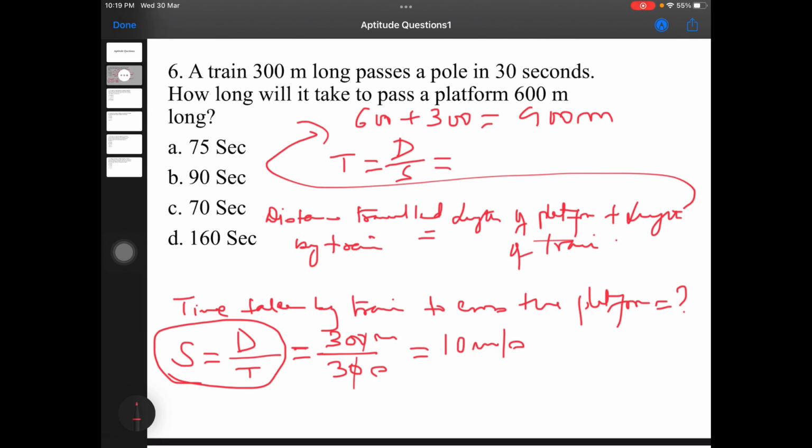The distance will be the total distance traveled by the train, that is 900 meters, and the speed of the train is 10 meters per second. So the total time taken by the train to pass the platform is 90 seconds. So the correct option here is option B, which is 90 seconds.